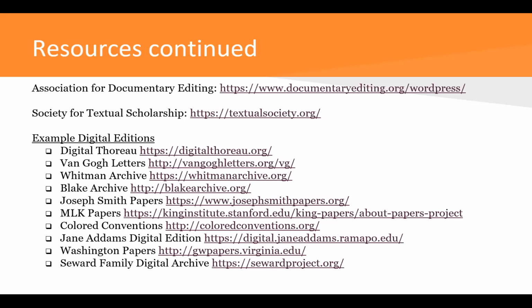Also on this slide are links to some documentary editions to look at. Some things about those. The Thoreau site allows one to compare different versions of Walden side by side, and there are about six of them. If you're looking for an example of thematic divisions, the Whitman Archive is a good example of that.